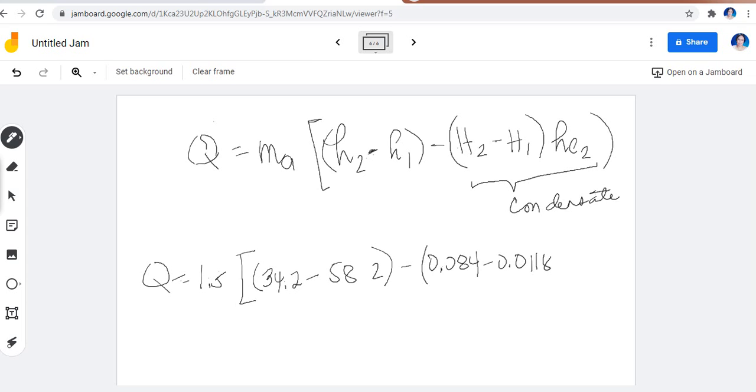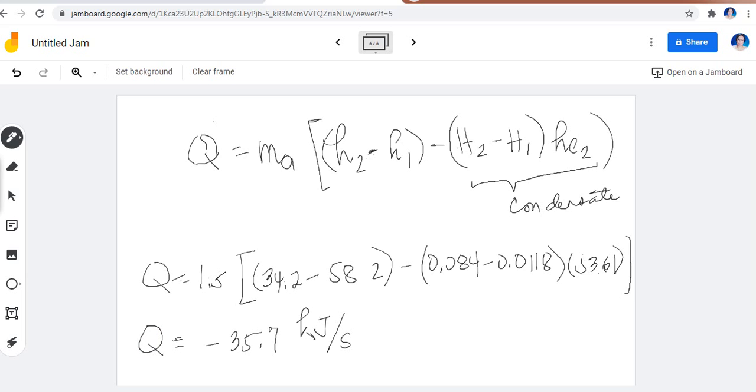So you have 0.0118, and you multiply it with the saturated liquid enthalpy based on the exit dry bulb temperature for air, so 53.61. So you'll be computing here a value of negative 35.7 kilojoule per second.